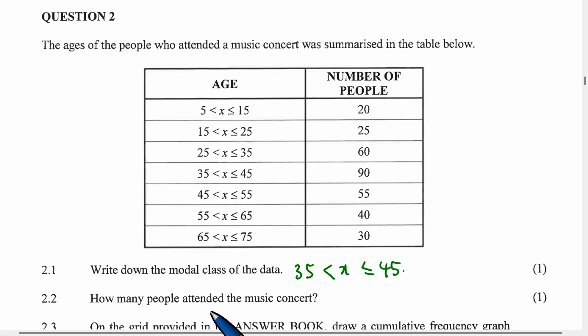How many people attended the music concert? To find the number of people, age 5 to 15, excluding 5, are 20 people. So you add this one plus this one plus this one plus that, up to 30. You add all of them to find the people who attended the concert.